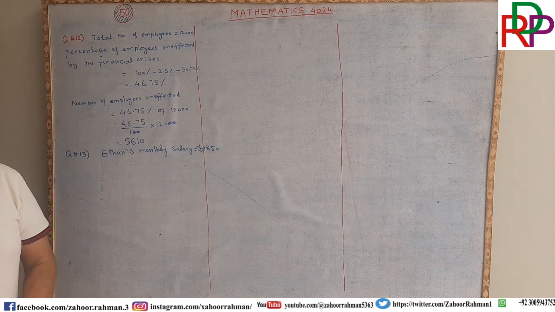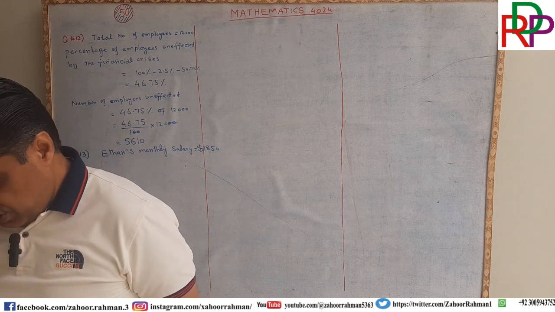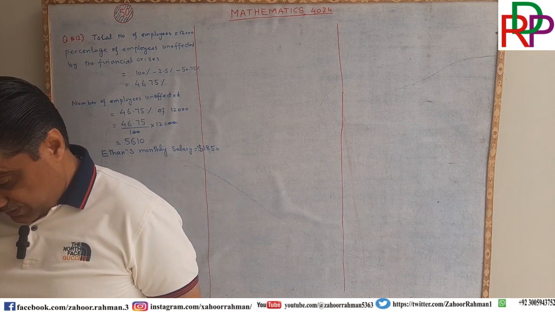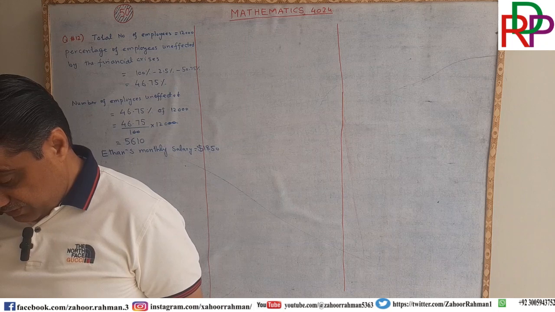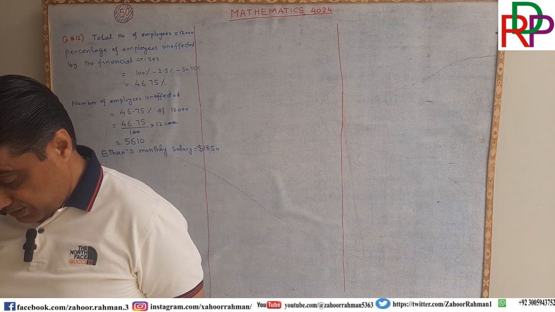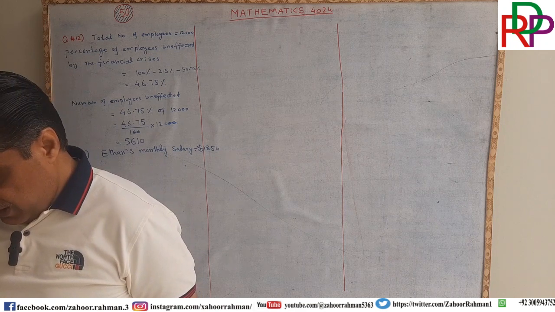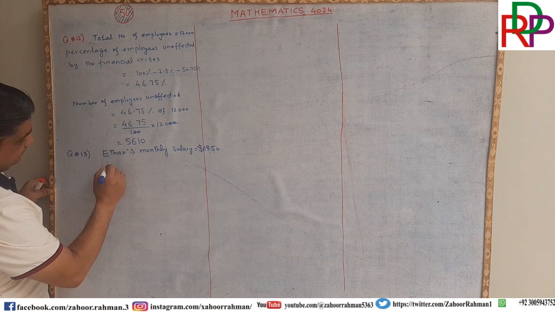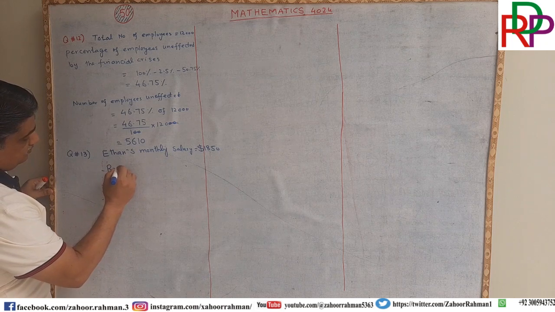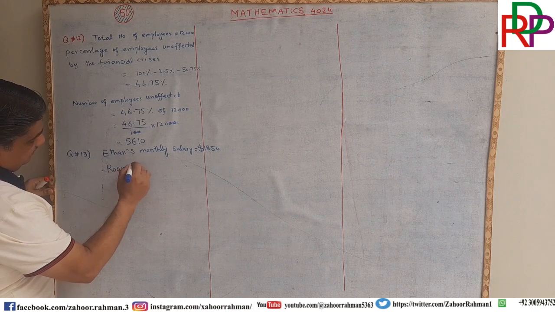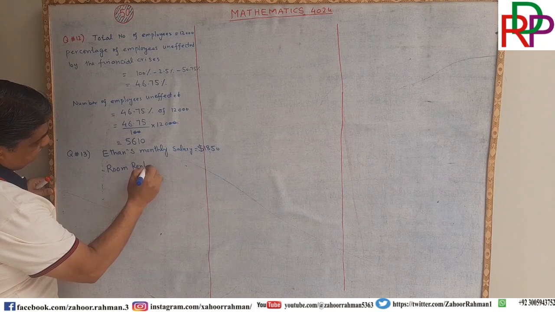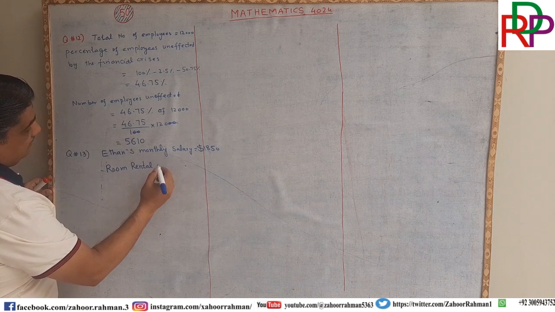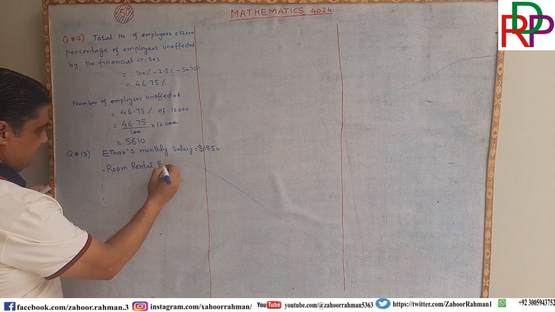Now, what further information do we require to solve this question? In a particular month, he spent 20.5% of his salary on room rental expenses.